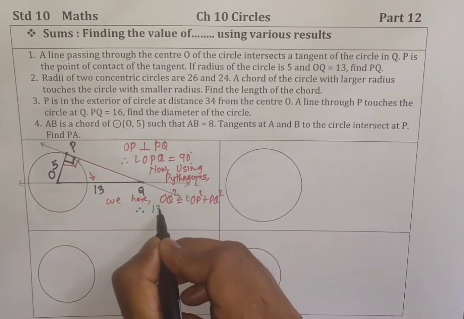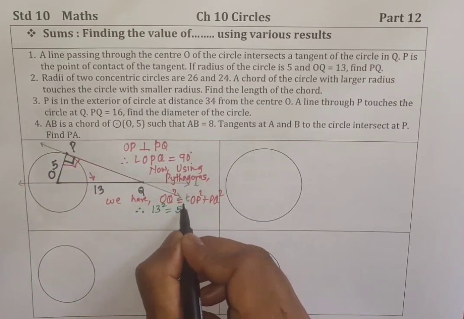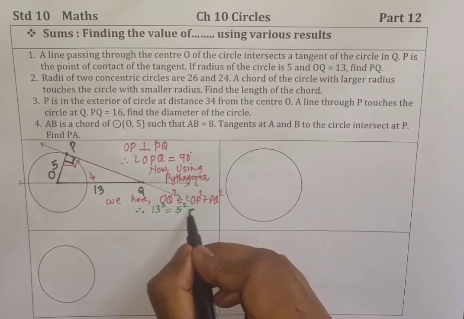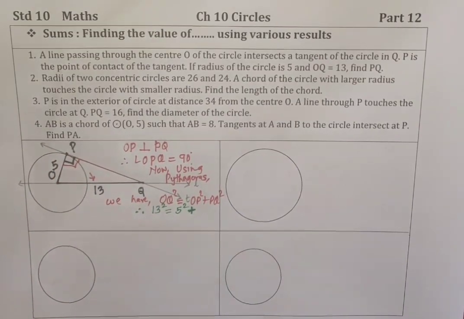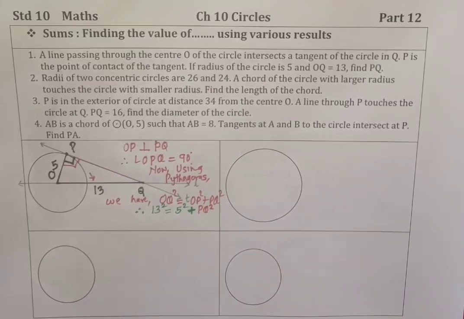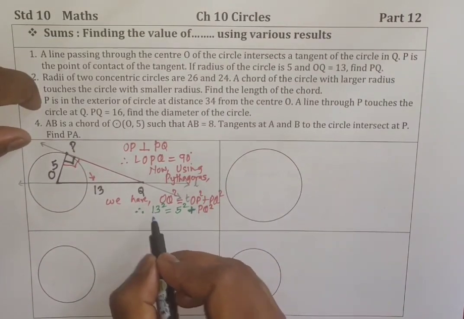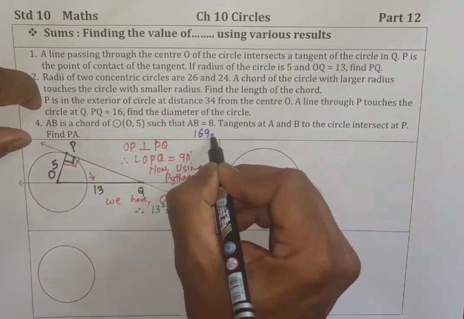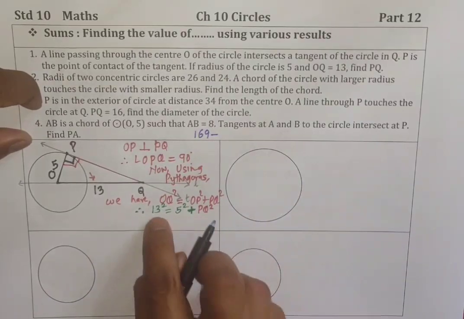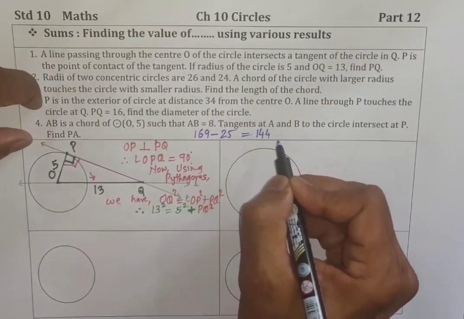OQ is 13. So 13 square is equal to, what is OP? 5. So 5 square plus the target we have to find, PQ square. Children, now this is easy. 13 square is 169, and 5 square is 25. If I take it to the other side, it is minus 25, and that gives you 144.